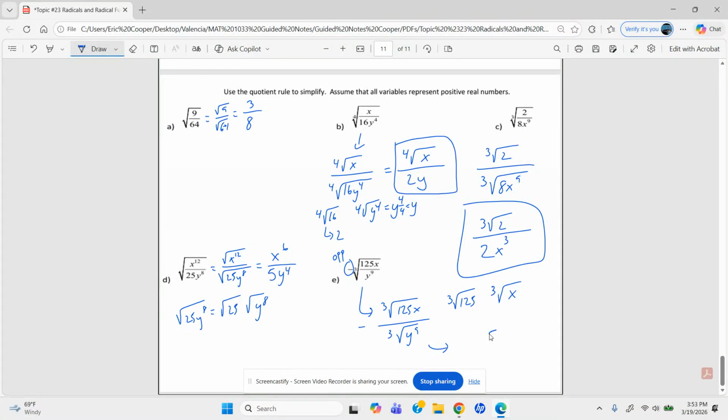Well, that's 5. And I don't have enough here to get rid of the cube root on x. We'll leave this 5 cube root of x. Cube root of y to the 9th: we'll take 9 divided by 3. This leaves me with y to the 3. But again, remember we have this negative on the outside, which goes along with it. So the negative stays on the outside here. And this is my final answer.